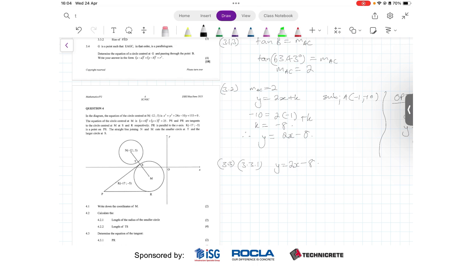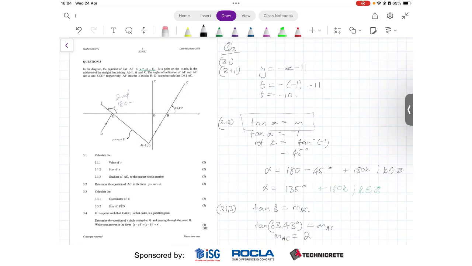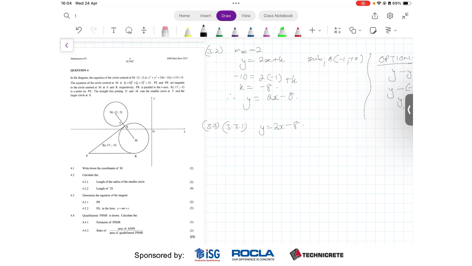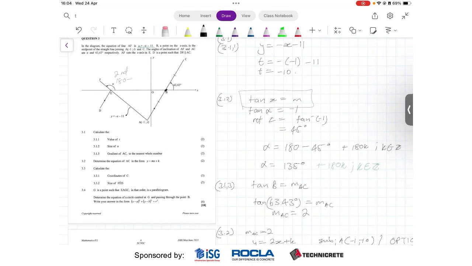Let me explain first what we're going to do. Remember, in the problem statement, we are told that the point B, a point on the x-axis, is the midpoint of the straight line joining A and C. So we're going to find first the x-intercept of this line, because we already know that the y-coordinate is 0.